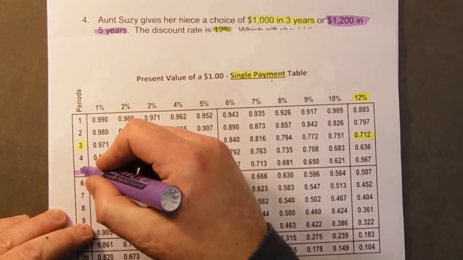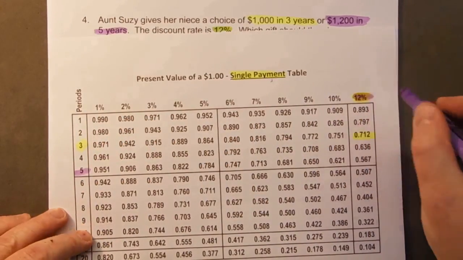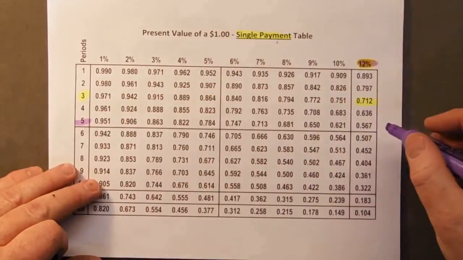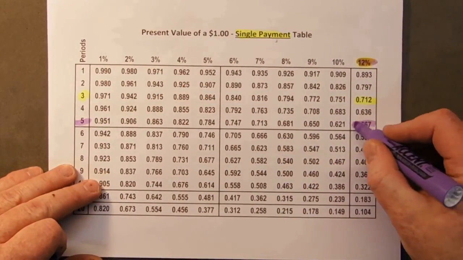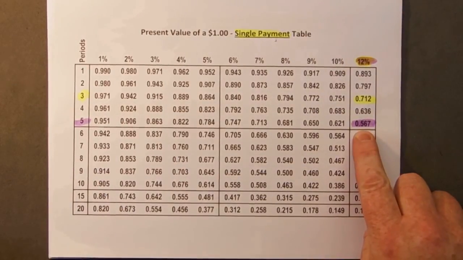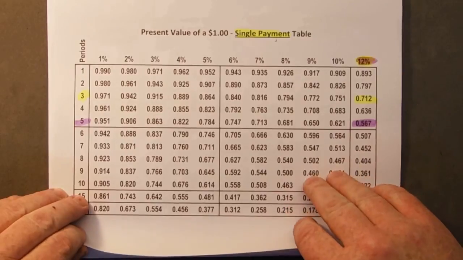Okay, well, let's see. For the $1,200, it's still 12% for 5 periods. So we're looking at 0.567.